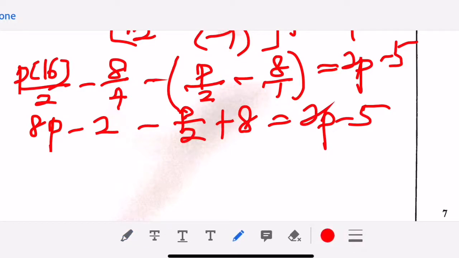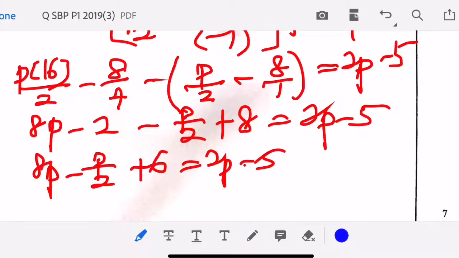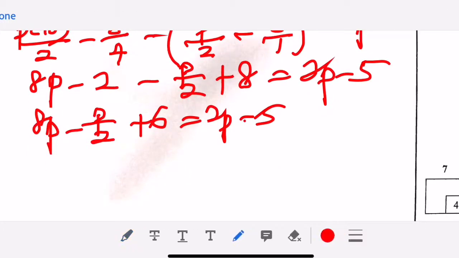15p over 2 equal to 2p - 11, right? Then you simplify the over 2. You can times 2 both sides. After you times 2 both sides, it becomes integers, then it's easier for you to solve, right?